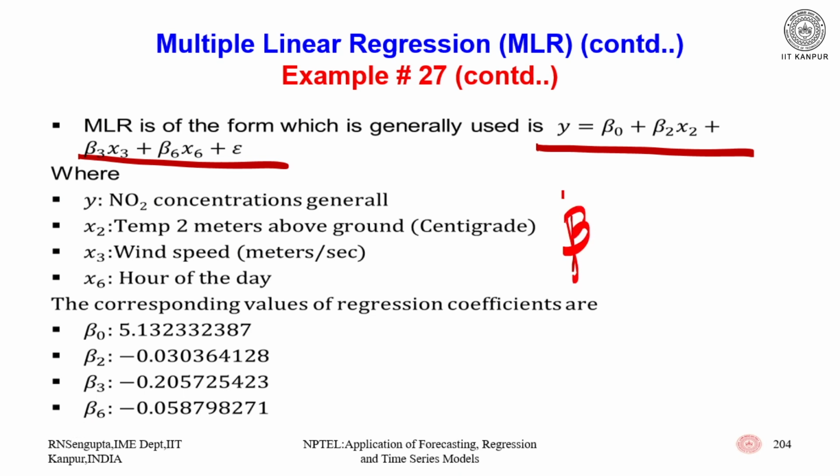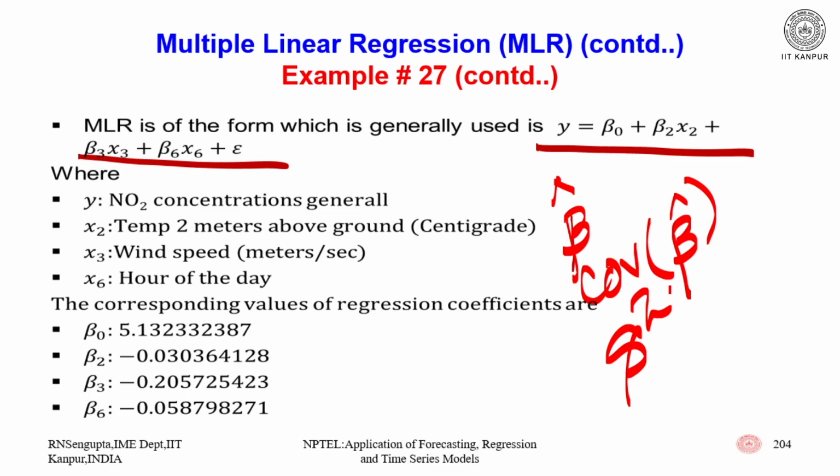Once we fit that model, solve the model using the same concept, like we find out beta hat. We know that when you find out covariance of beta hat, then we need to find out S square, all these things. Once beta hat is found out, here beta hat is 4, k is 4, because you have beta naught, beta 1, beta 2, beta 3. Beta 1 is beta 2, because depending on x2 random variable.